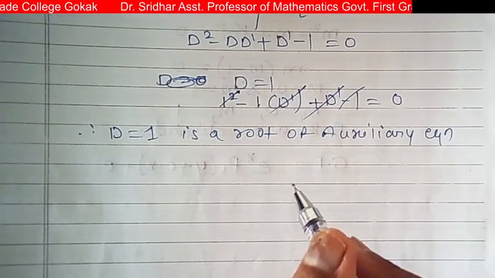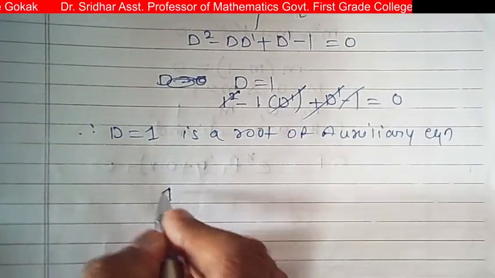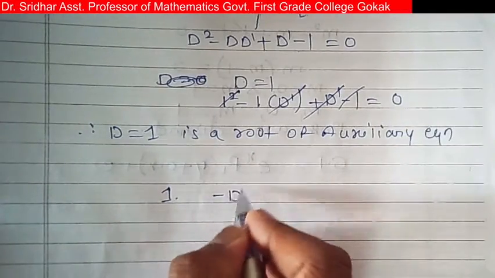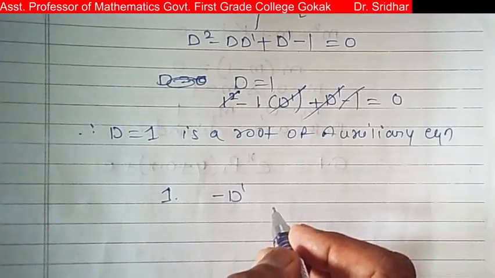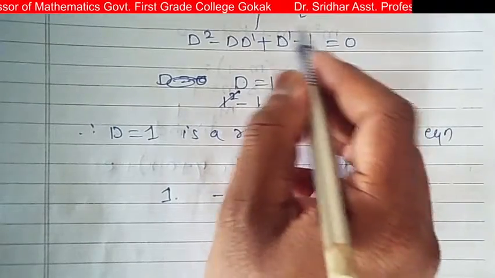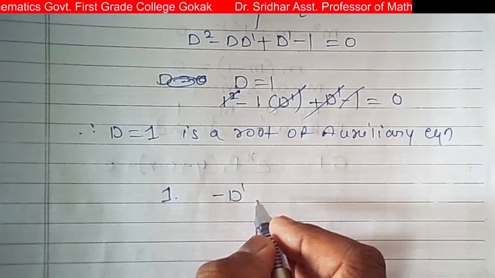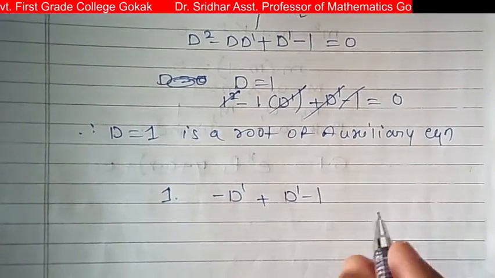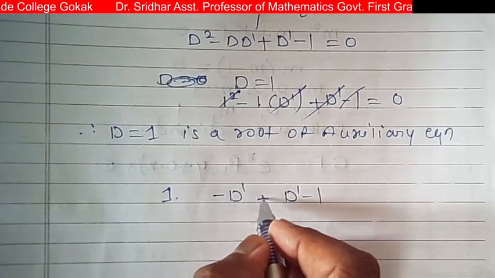So this is 1, then the coefficient of D is minus D dash, then there is no constant term, so you should take D dash minus 1 as the constant term, that is the third coefficient.